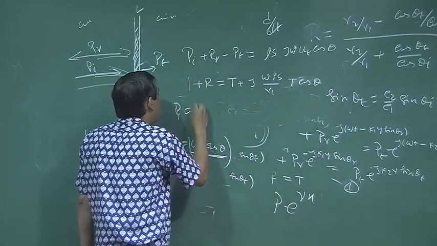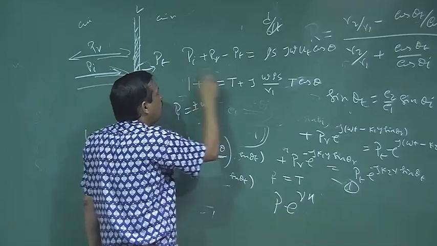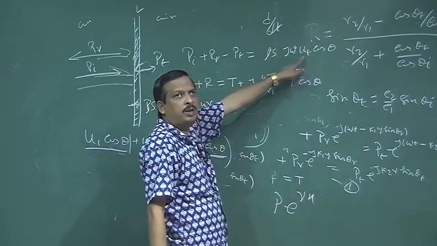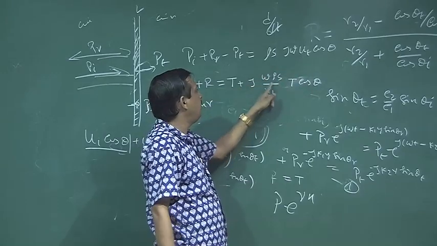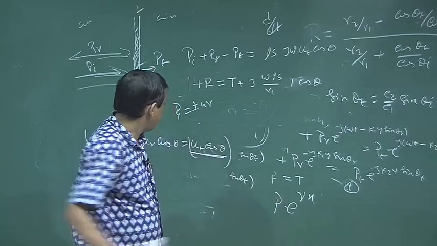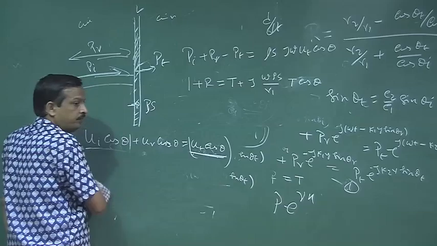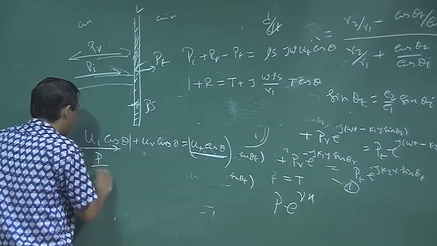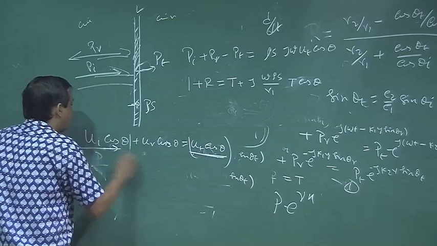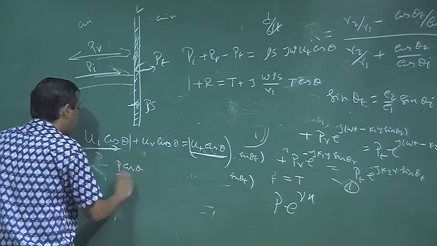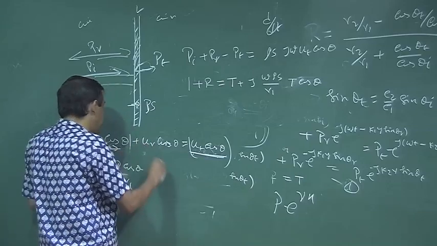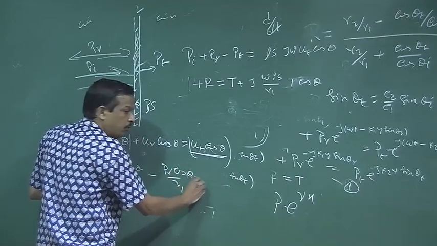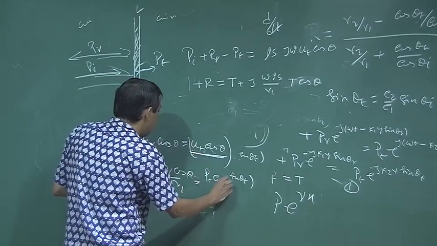Why R1? Because p is equal to plus or minus u times R, so ut can be converted by R, and pi can be converted to ui. Converting U into P by R1, ui cos theta is Pi cos theta by R1, plus the reflected wave, which is negative, Pr cos theta divided by R1, equal to Pt cos theta divided by R2.